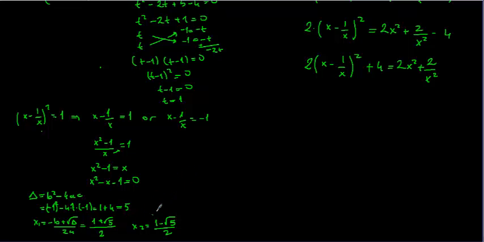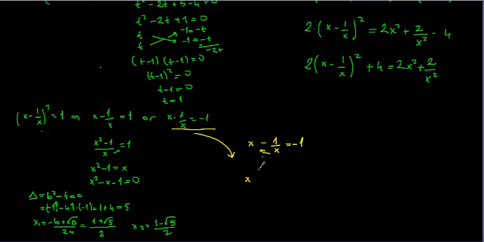Okay, if I continue for the second one here, x minus 1 over x, if it's equal to minus 1, what are we going to do? Again, x minus 1 over x, sorry, not x squared. If I take x times x minus 1 over x, I'm going to multiply this one by itself.